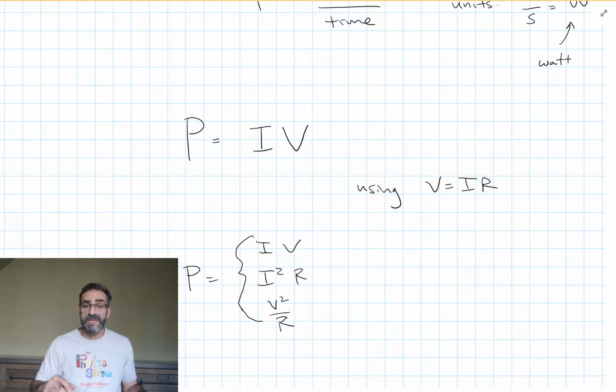Power is also equal to I squared R or V squared over R. And you just use the equation that makes the most sense for the information you're given in the problem. Let's look at an example using some light bulbs.